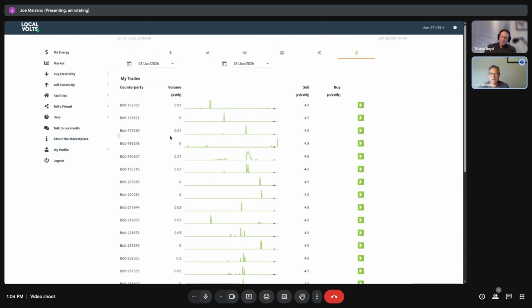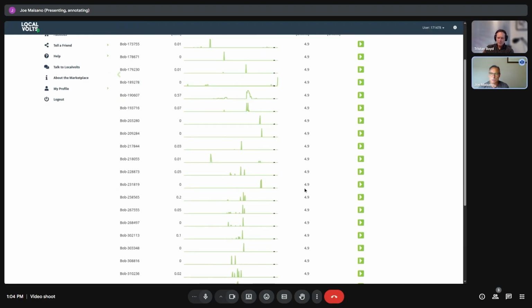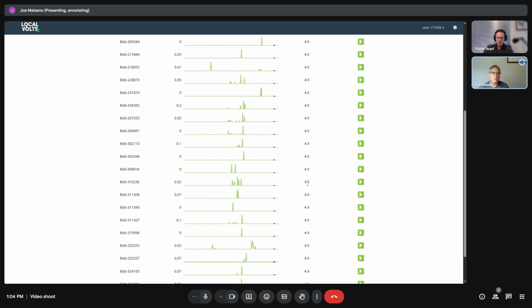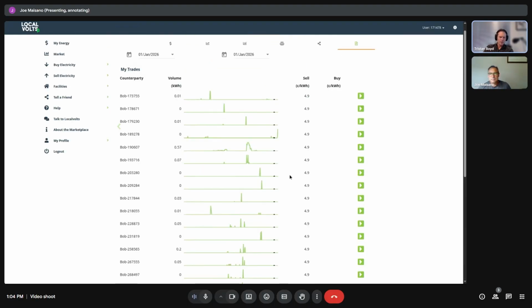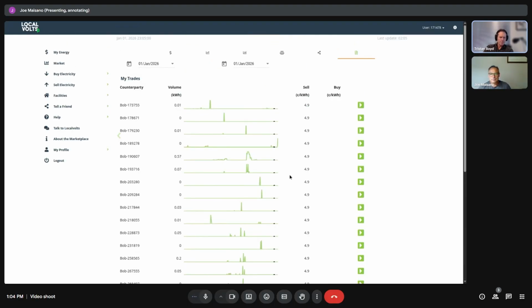So these are all discrete counterparties, and this sell price will effectively be a volume weighted average price across all the trades and the whole period. And so if I'm trying to deal with one specific counterparty or within a community, this looks like a place where I can see exactly who I've sold to and how much.